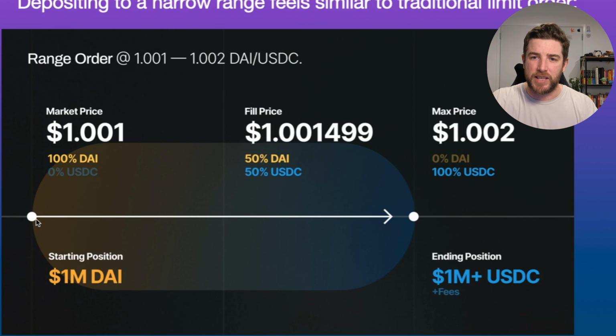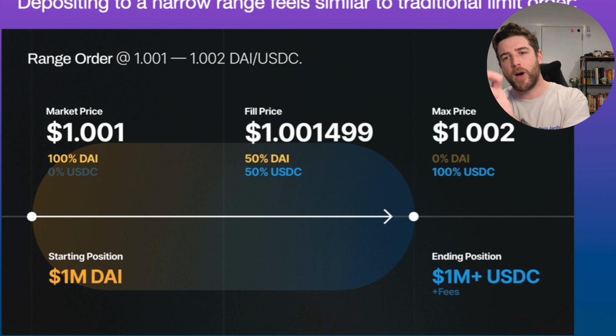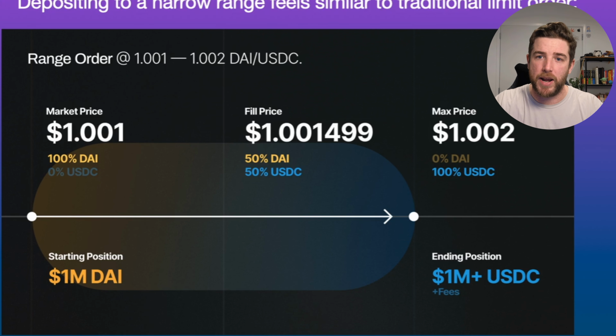So let's pretend the price is here and I provide 1 million DAI to this narrow price range. When the price starts to move towards 1.002, you will start earning fees on this very narrow range. Actually the fees might not even be much, because it's very narrow, but let's say that it is trading in this range.